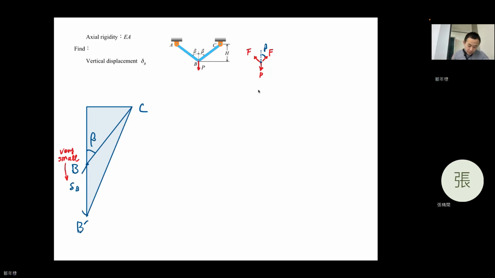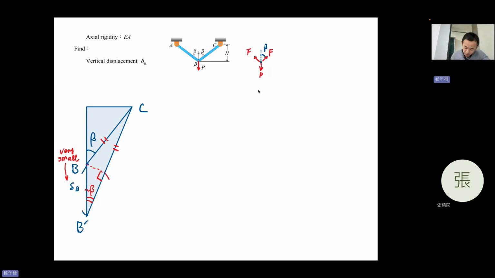And we know that suppose these two lines should be the same, so this angle is approximately beta, right? Because they're too small.